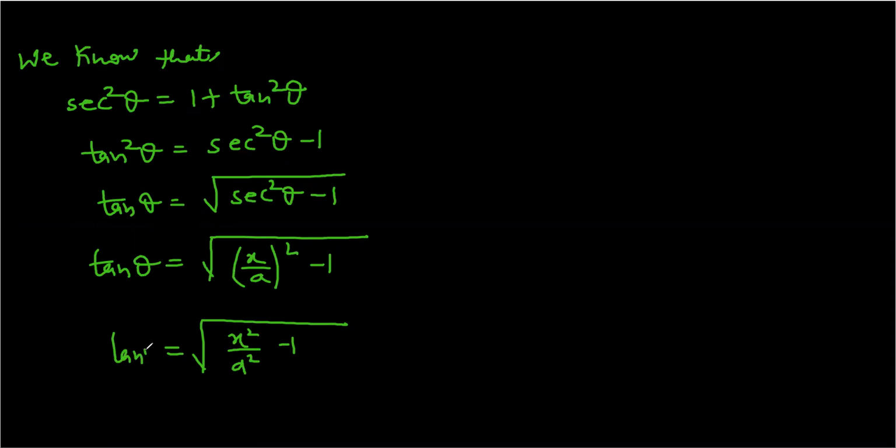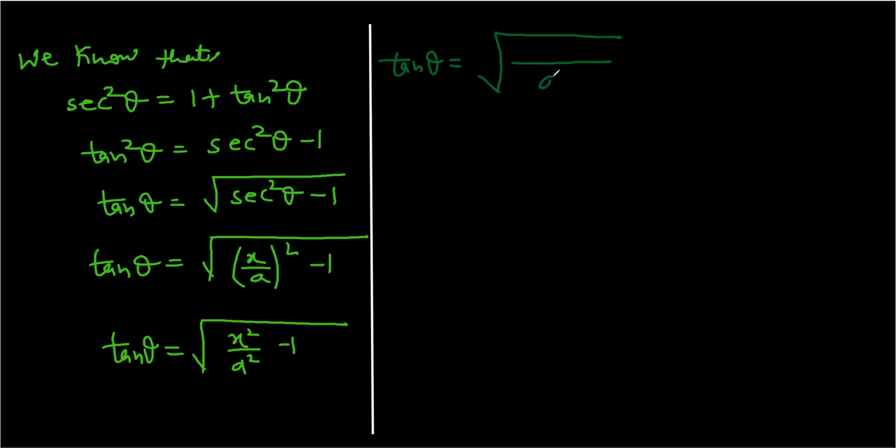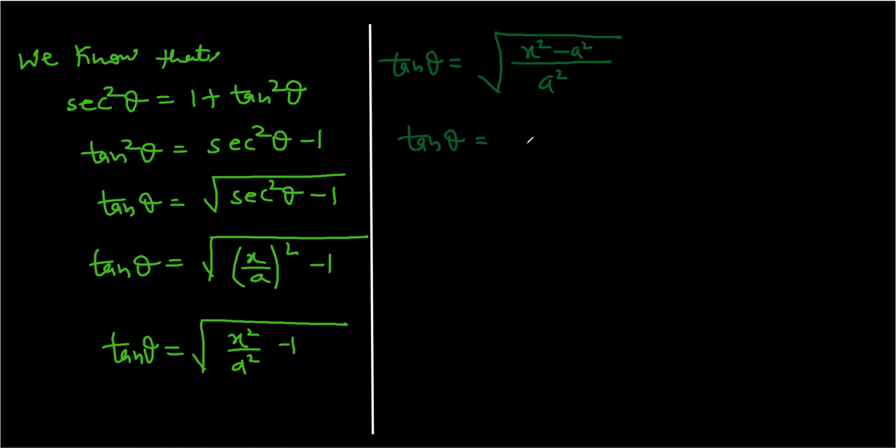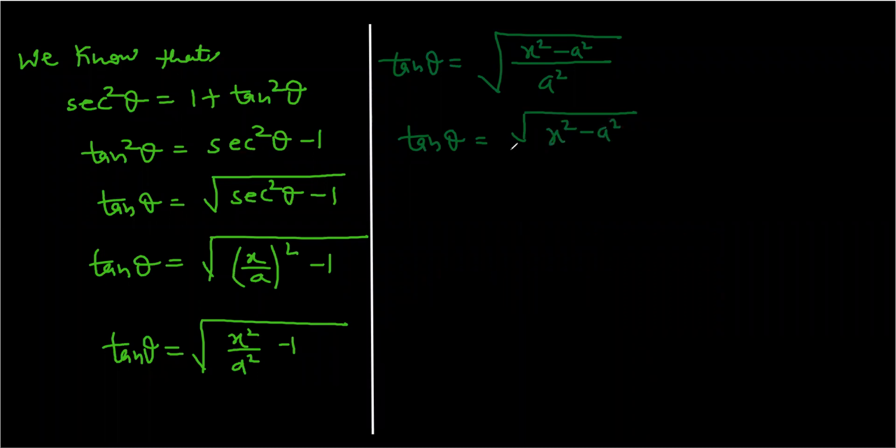This is tan theta. So I get here tan theta equals to, a square is the LCM, and you get x square minus a square. You can write the separate square roots: square root of x square minus a square over square root of a square, which is a.